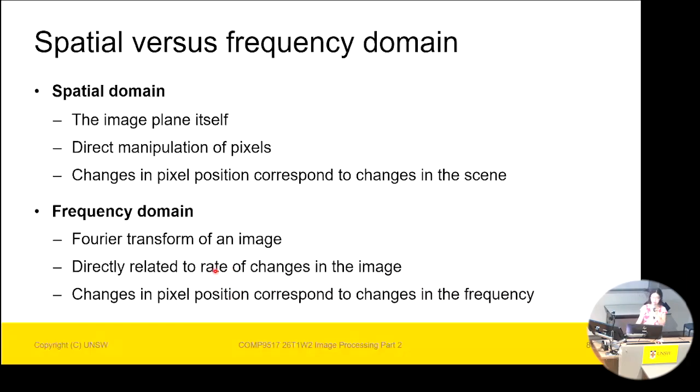Once you do the transform from the spatial domain into the frequency domain, what you get is actually still a 2D matrix, and that 2D matrix has the same size as the input image. We can also call it a 2D matrix of pixels, although now the pixels in that matrix don't really correspond to the actual image pixels.